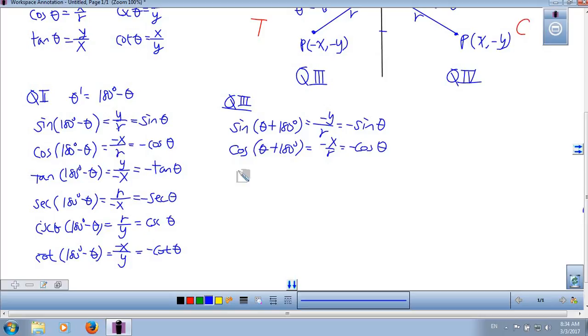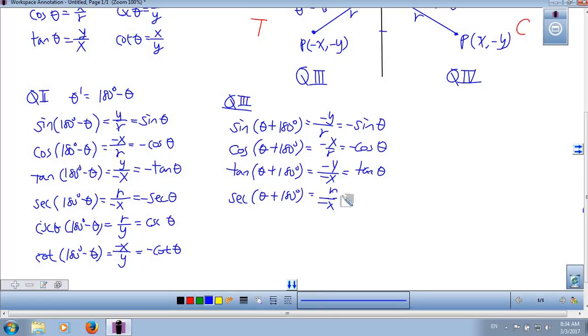I'm going to demonstrate this to you in a little bit, so let's go through this one by one first. Tangent will be negative y divided by negative x, but a negative divided by a negative is positive, so it becomes the same as tangent of theta. So in the third quadrant, the tangent value doesn't change, but everything else changes.